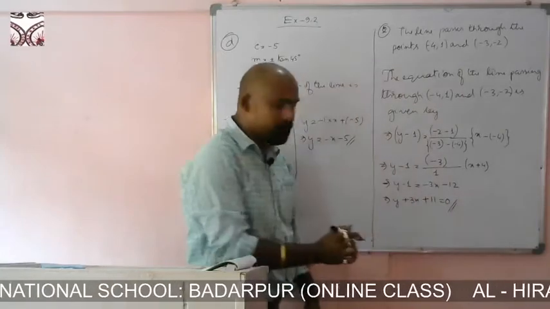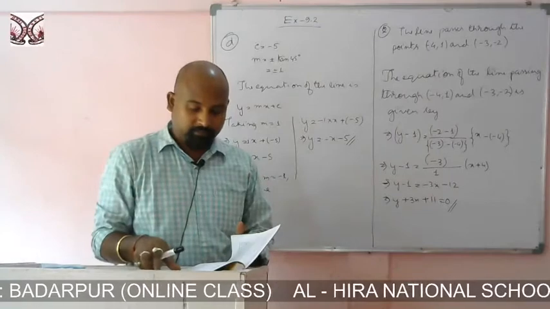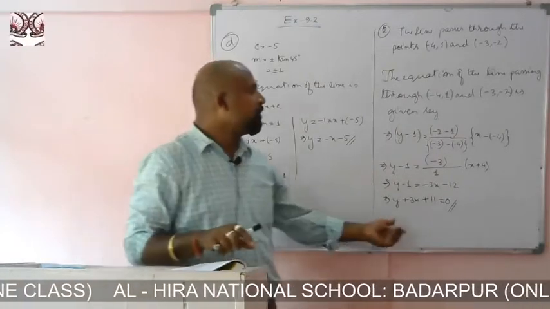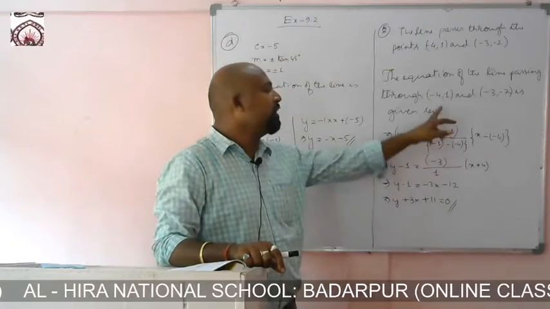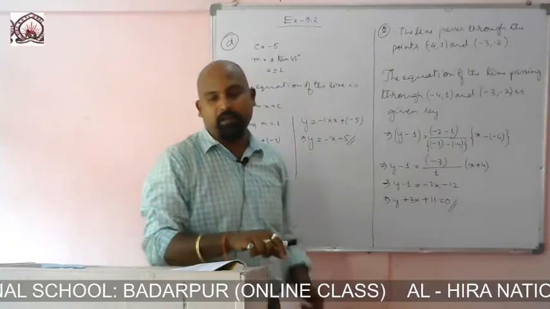This is the required equation of the line, y equals minus 3x minus 11, when it passes through the points minus 4 comma 1 and minus 3 comma minus 2.